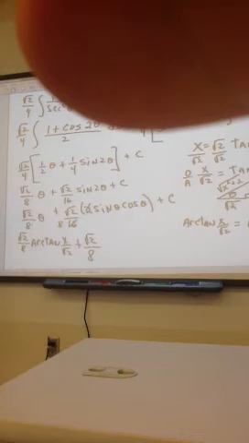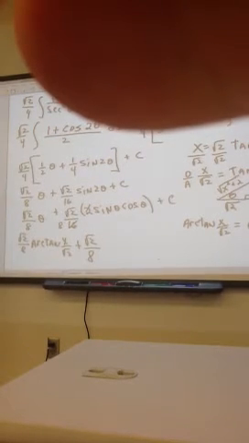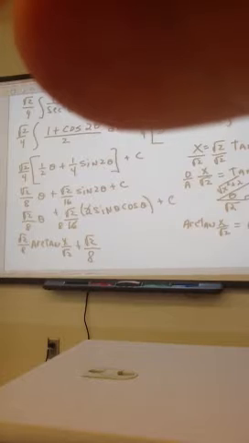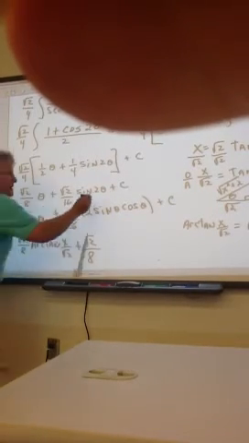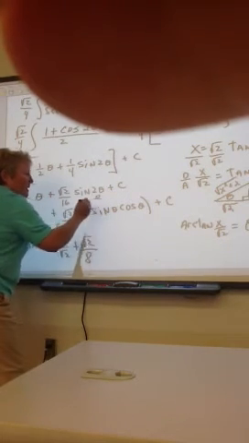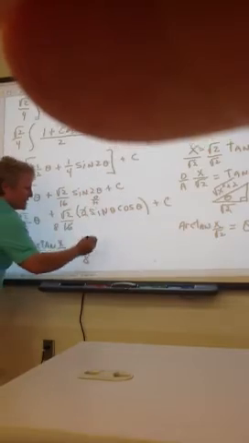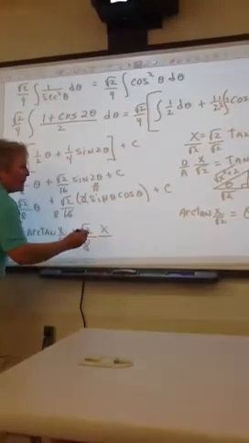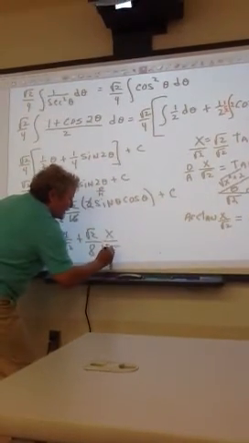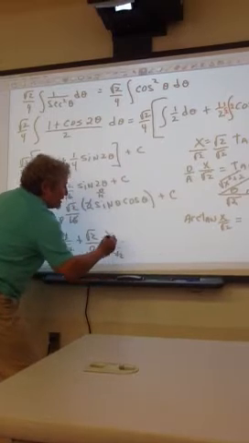All right, so sine would be what over what? Sine is opposite over hypotenuse. So the opposite side is x. The hypotenuse is the square root of x squared plus 2.